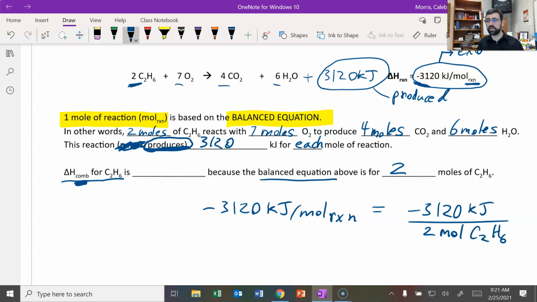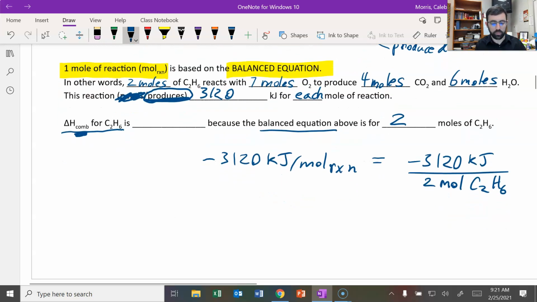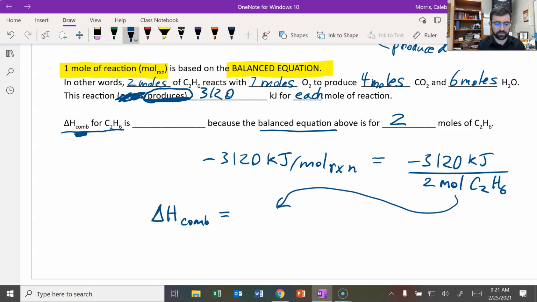That's what we're saying. It's divided by 2 moles of ethane. So if I wanted to know the delta H of combustion, it's going to be the number of kilojoules in 1 mole, which means I've got to divide by 2. Okay, that's essentially what I'm doing right here. I'm dividing by 2.